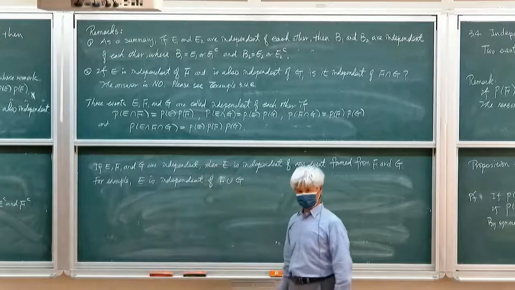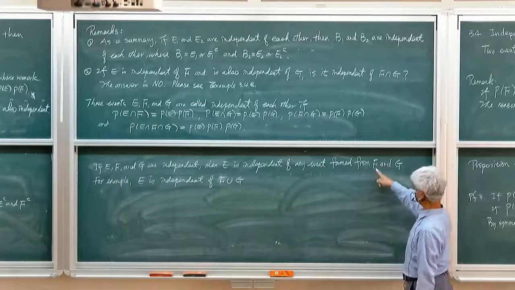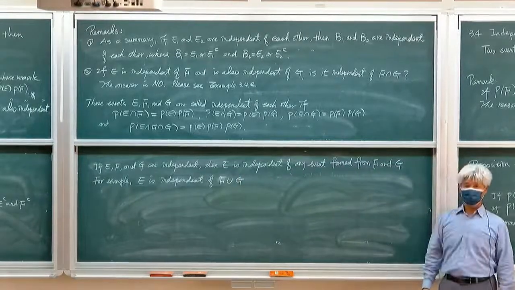F union G is one possible event formed from F and G.